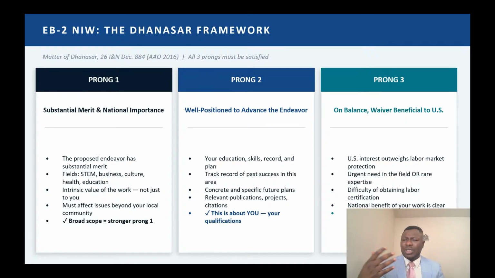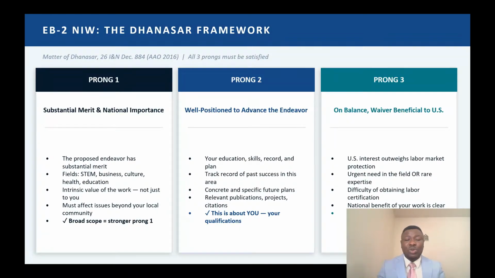They look at your skill. Do you have the skill to do this thing? Do you have the record of achievement? Have you achieved such things in the past? So they look at your track record of past success in this particular field, or as far as this particular endeavor is concerned, or something related.